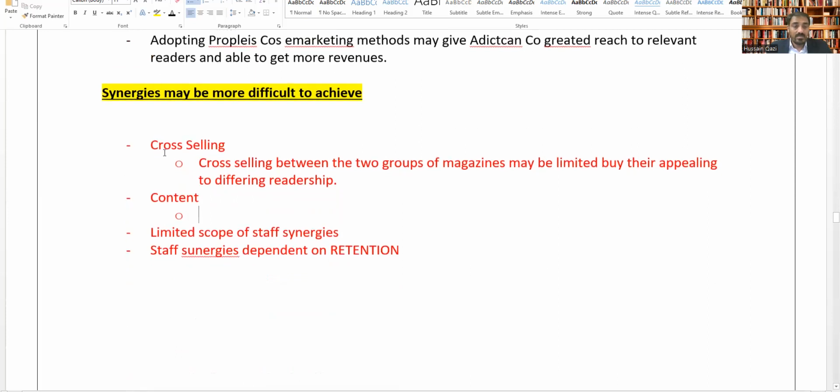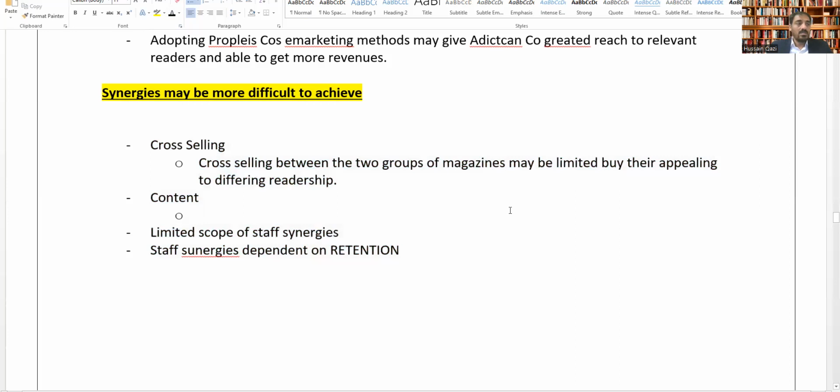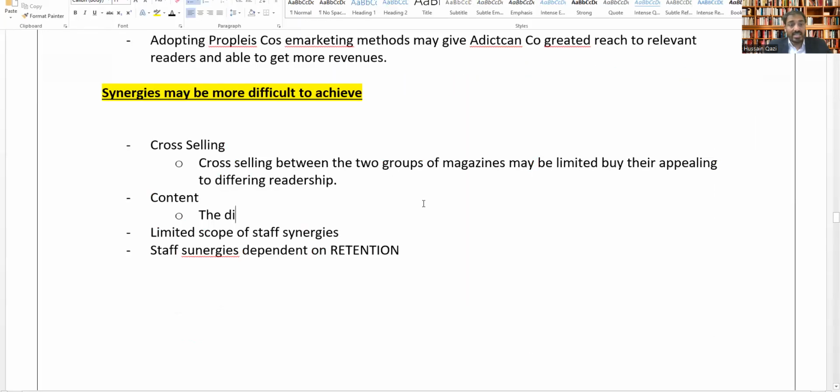Number 2, the two different companies have different product lines. So I can say the process to develop the product.